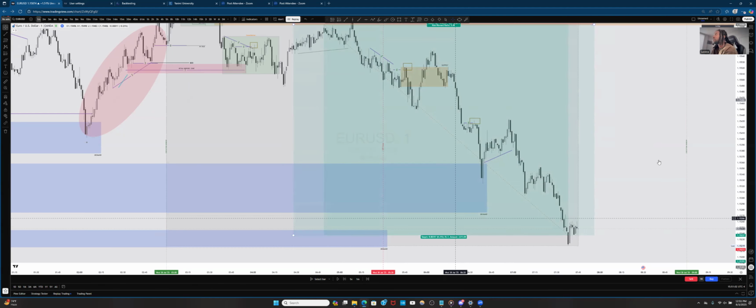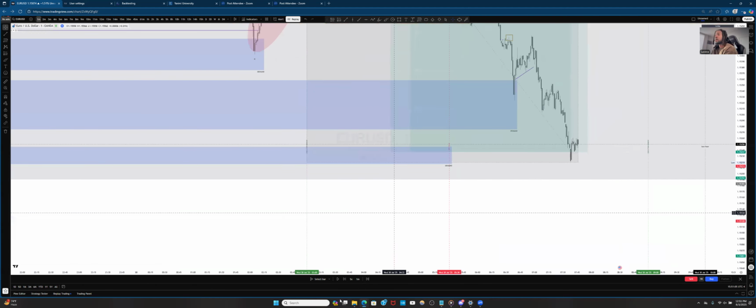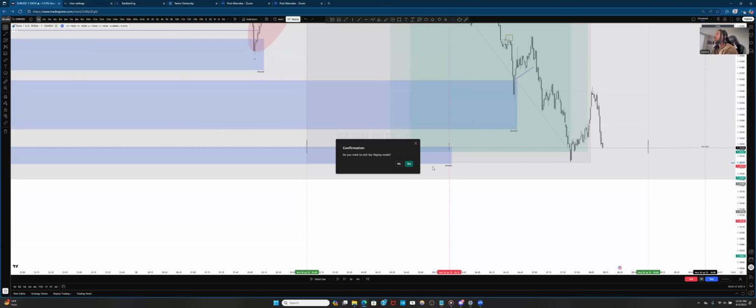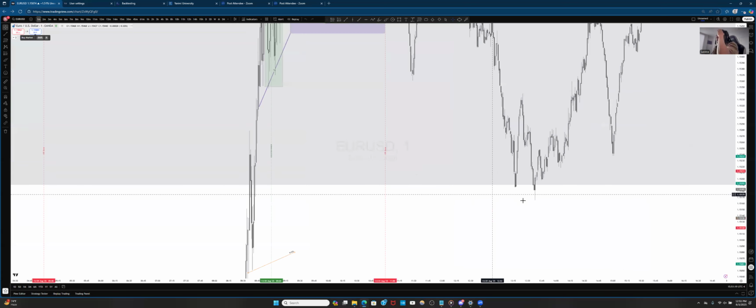But as you know, price dumped from this area. It didn't even just stop at my TP zone. It actually dumped. Let me take this one off and carry through.